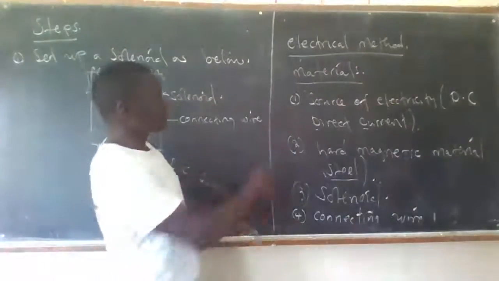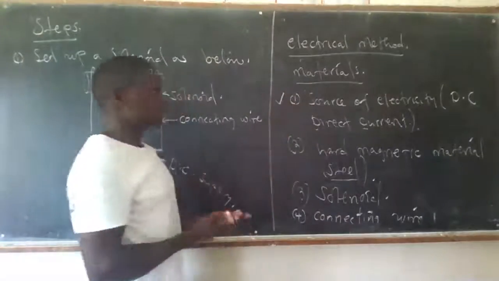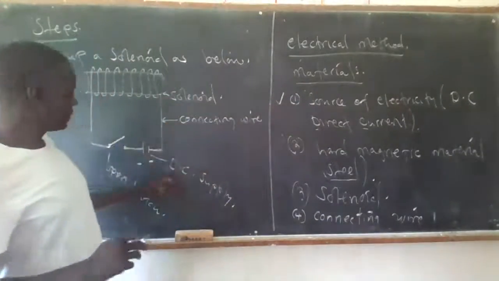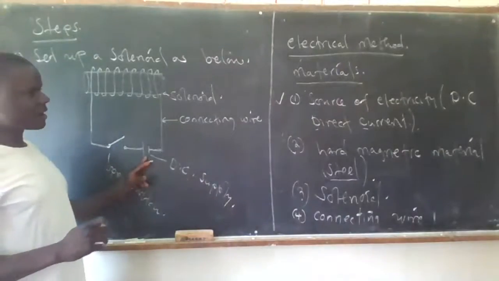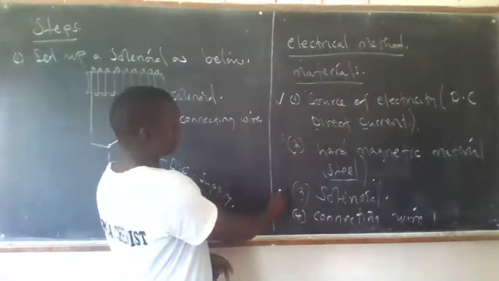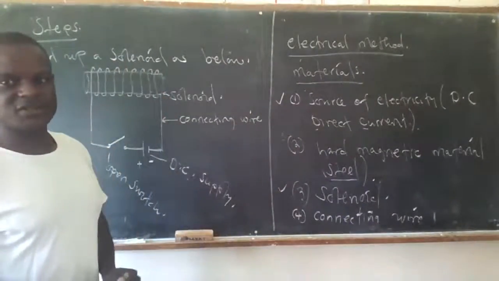Okay, so according to the materials that we have, I have demonstrated where the source of power is coming from. This is our source, and I will remind you that the power used here is DC. I've also demonstrated where you have to put the solenoid.